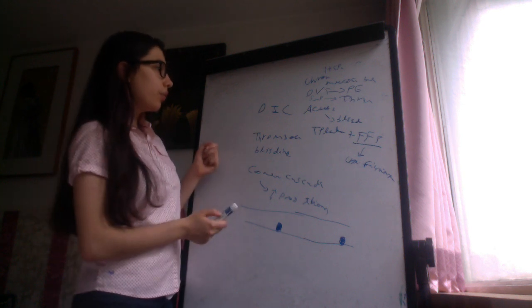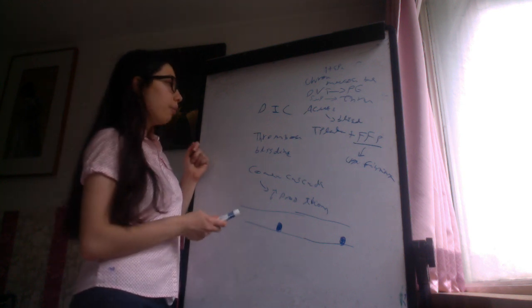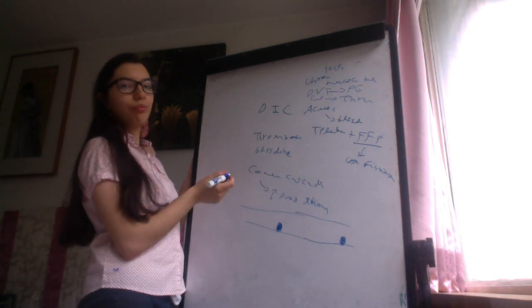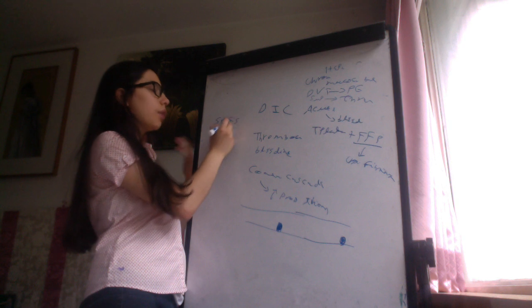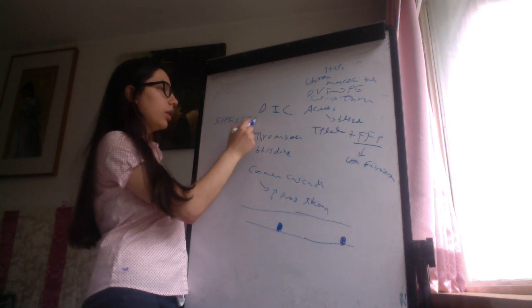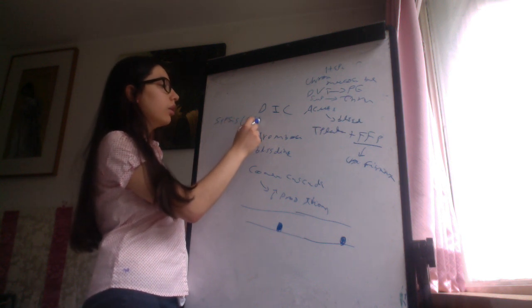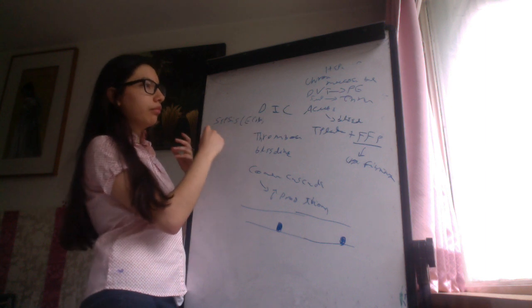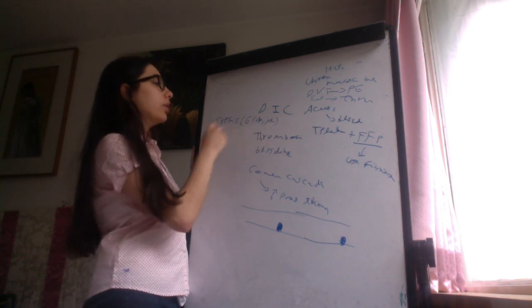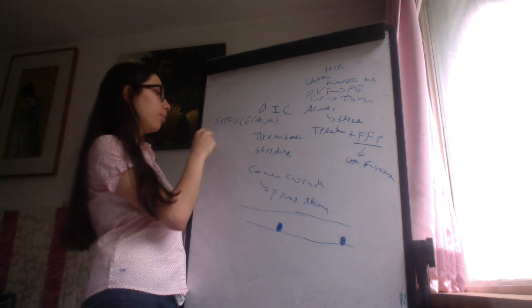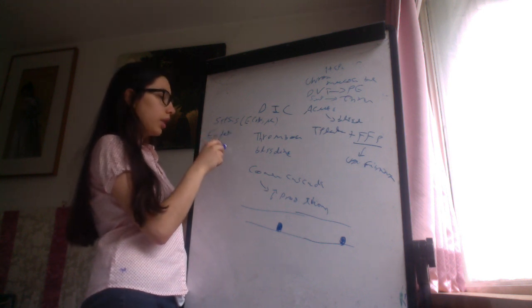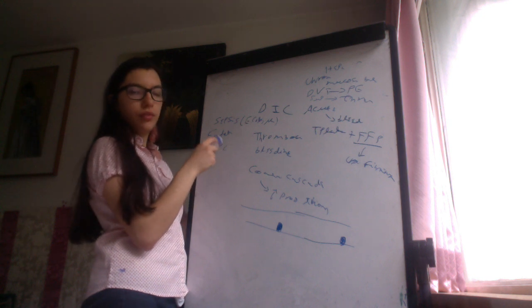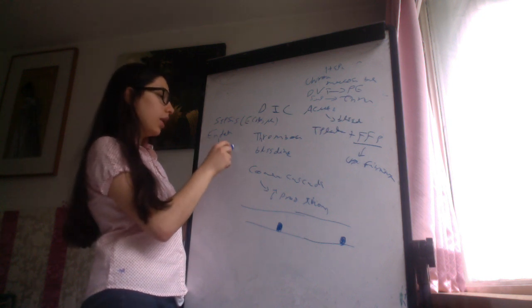Now, the causes of disseminated intravascular coagulopathy are many. We have sepsis. Sepsis is usually caused by Escherichia coli or Neisseria. These bacteria produce endotoxins, and the endotoxins activate the lymphocytes and release cytokines.